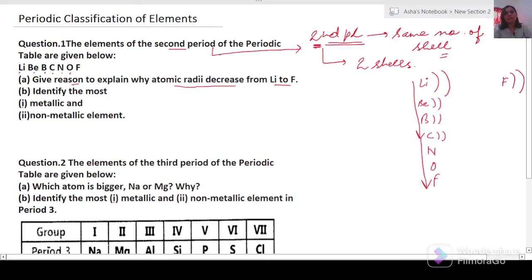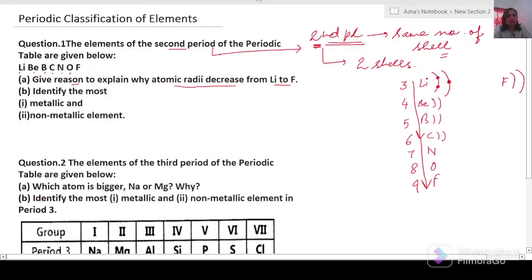The reason is this. The atomic number of lithium is 3, beryllium is 4, boron is 5, carbon is 6, nitrogen is 7, oxygen is 8, fluorine is 9, right? So lithium's electronic configuration will be 2, 1: 2 in the first shell and 1 in the next shell.